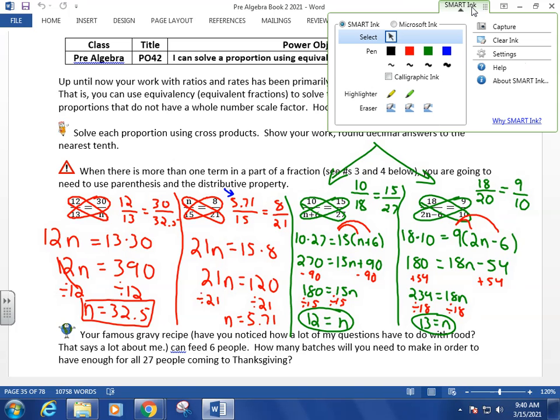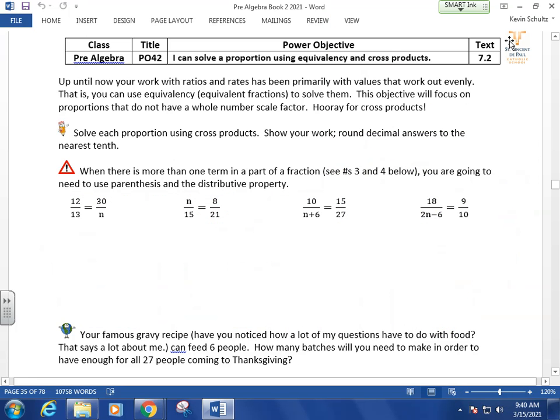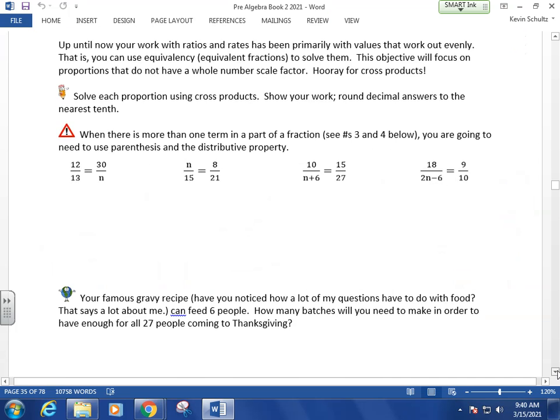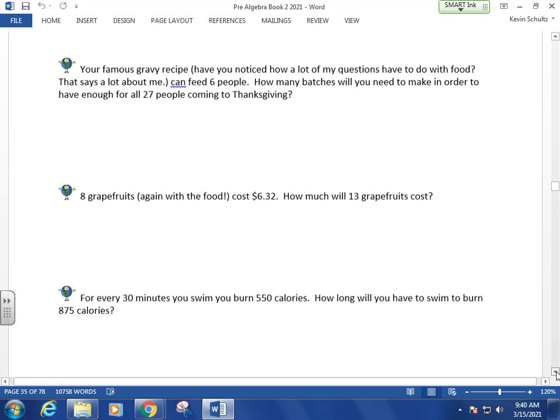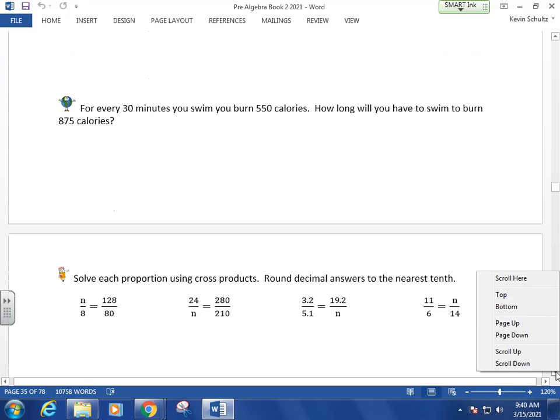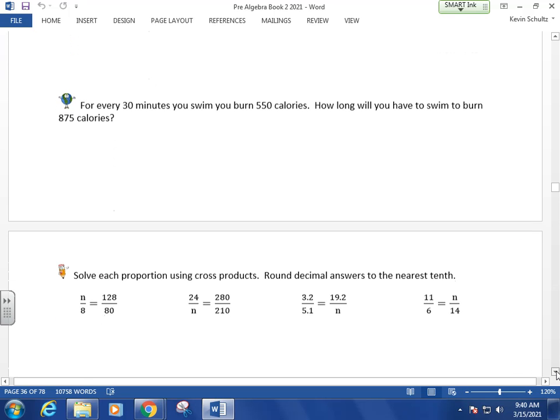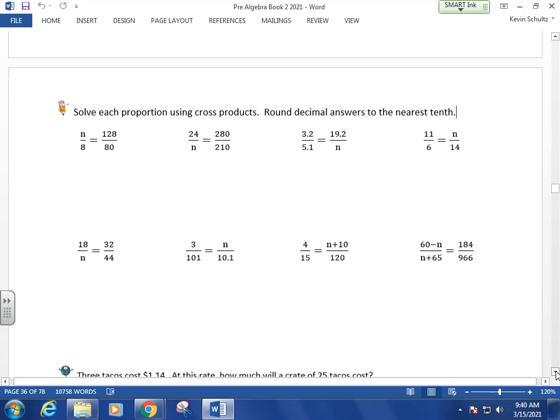So for tomorrow, here's what I would like. We're going to skip the word problems for now. I just want you to focus on the process here. I would like you to do 4 of these 8 for tomorrow.